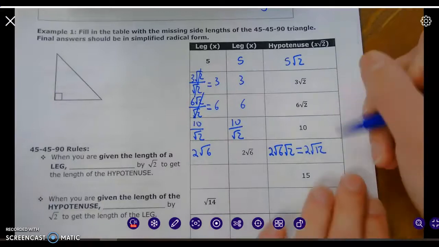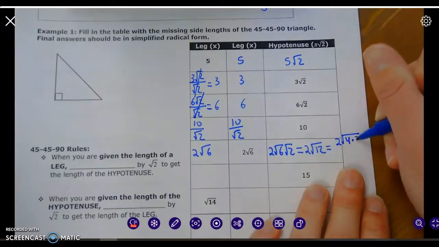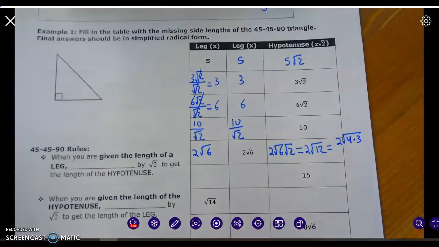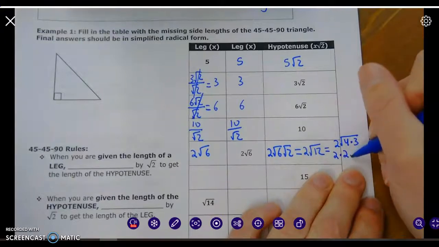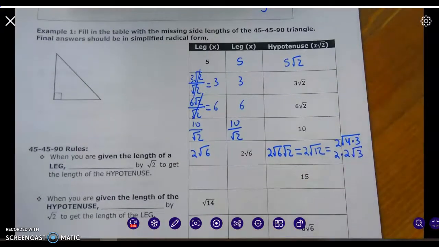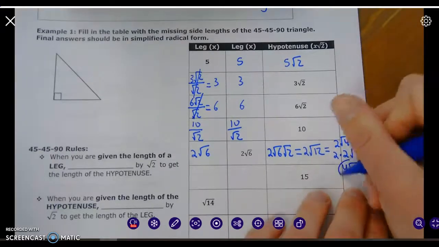Yeah, 4. So we're going to take the 12 and turn that into 4 times 3. Okay, and I'm going to skip that step where we write them under their own radicals and just go ahead and skip to 2 times 2 times square root of 3. So our final result is 4 square root of 3.